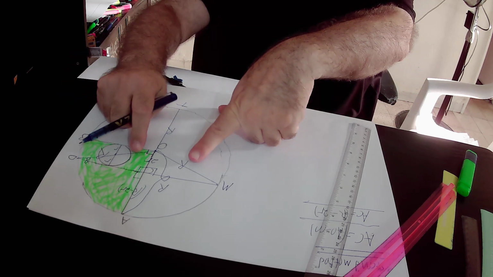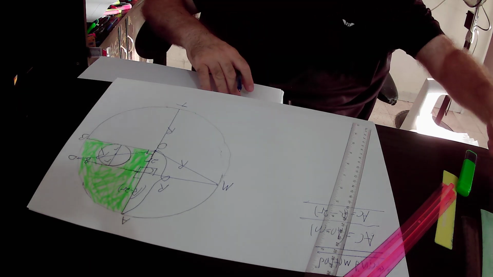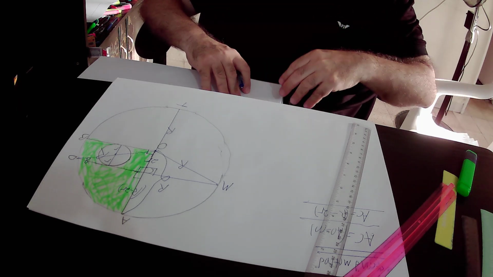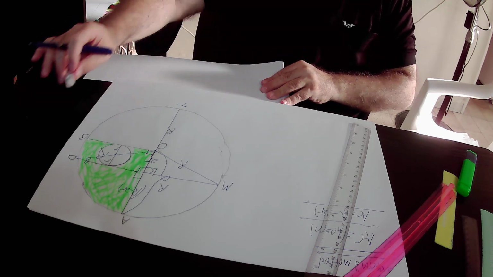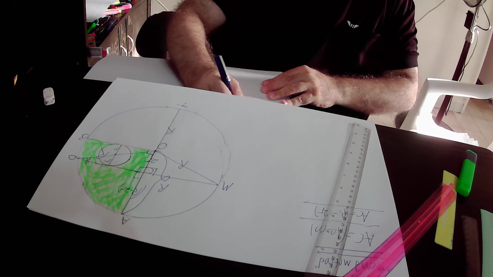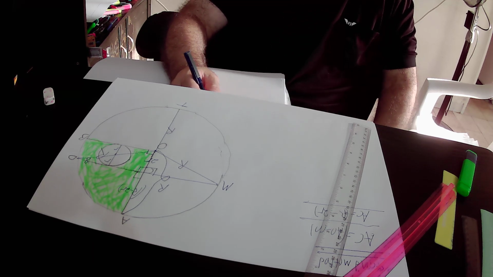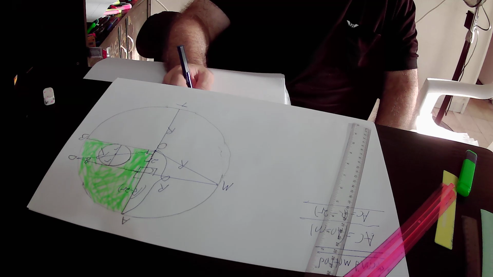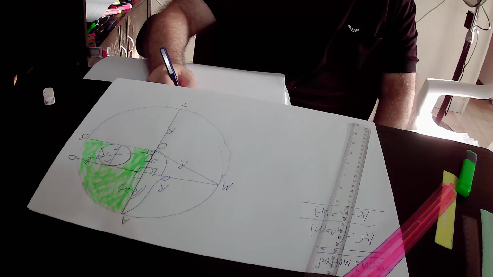We will prove that those two right triangles can go into each other. So we prove that the right triangle MOC can go into the right triangle OCD.